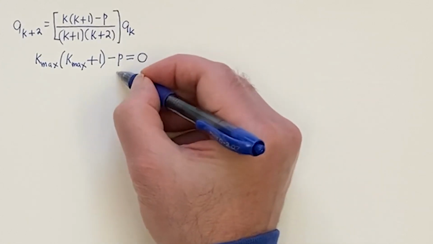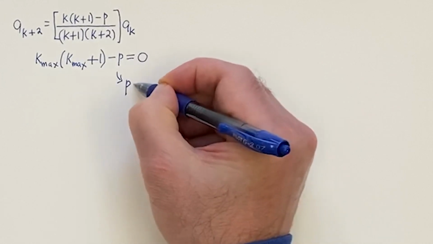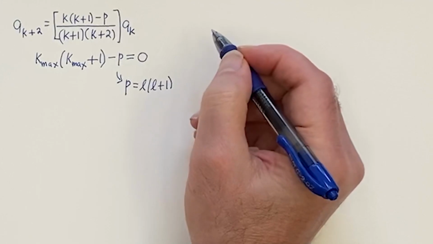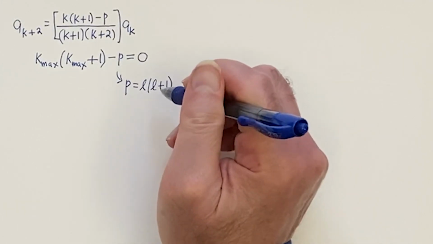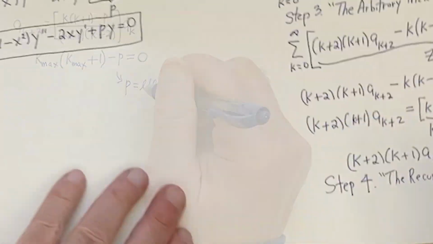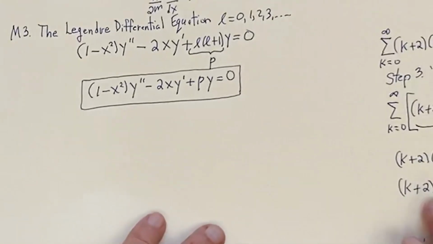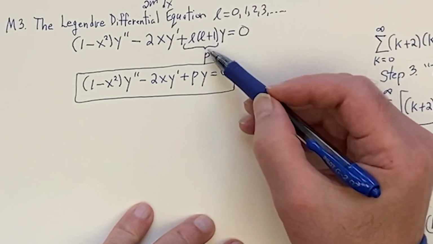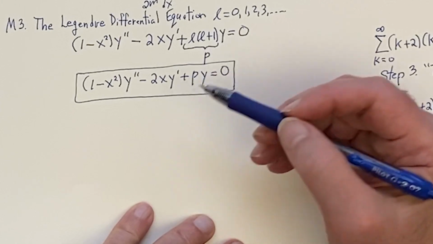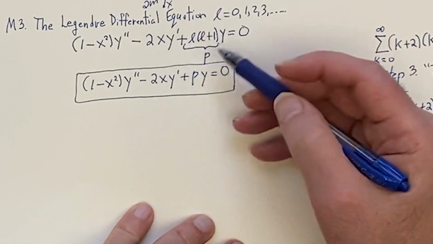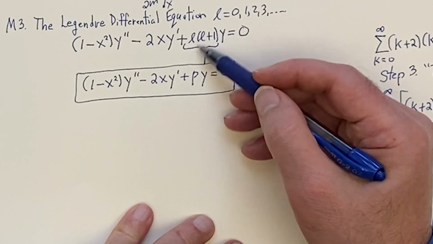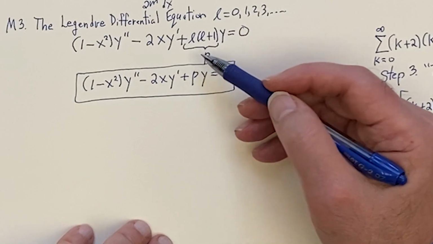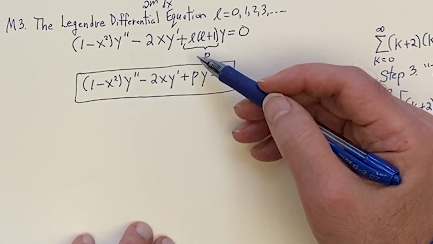But that's only going to happen if p, and here's where it's delightful, is l times l plus 1, like we had when we started. Remember p. Remember when we started the differential equation, p was l times l plus 1. And that's beautiful how that is mathematically elegant, this differential equation, but also that this comes out naturally solving for the hydrogen problem, or actually central force problems in quantum mechanics.